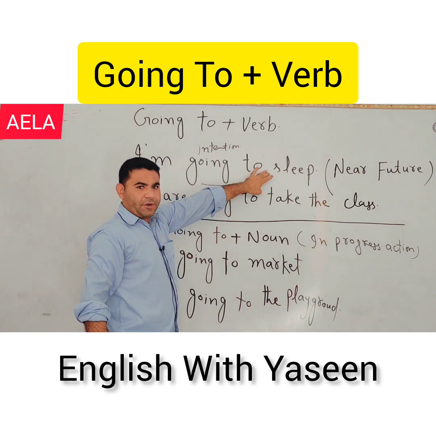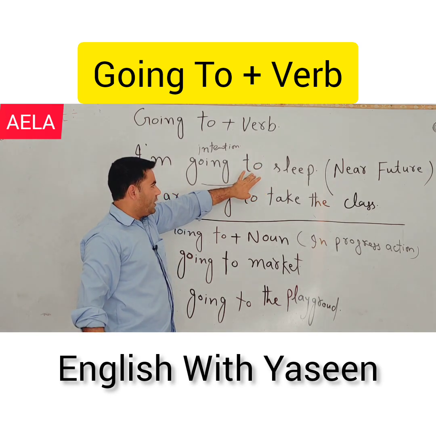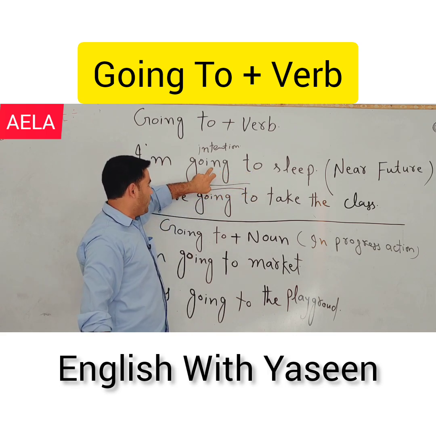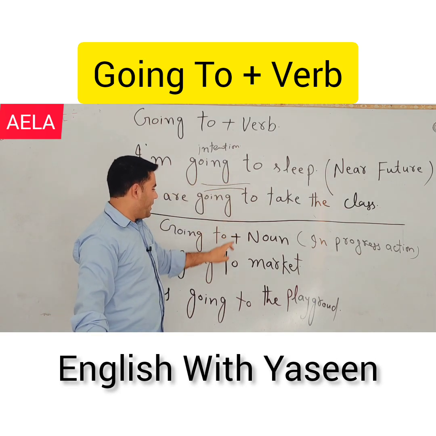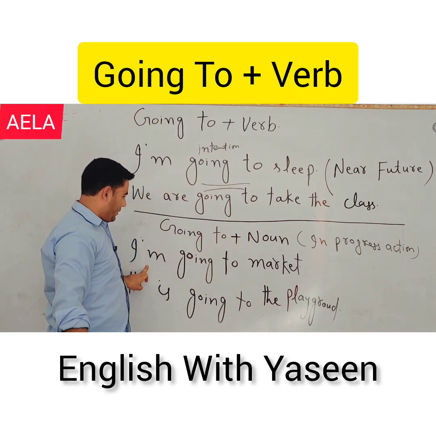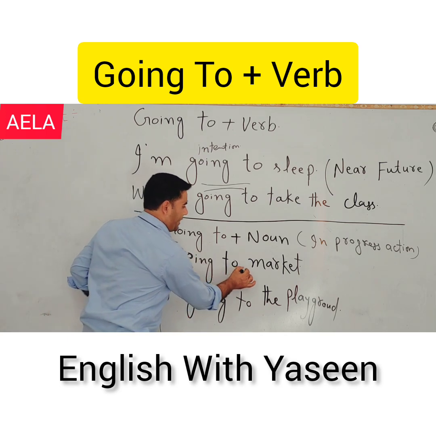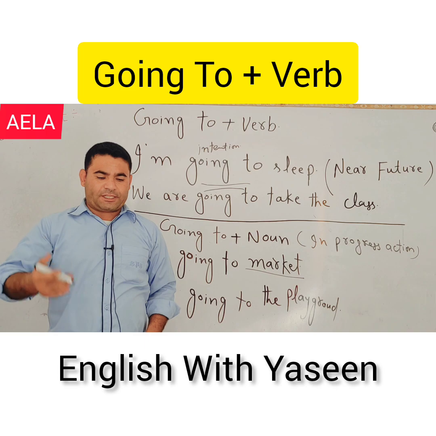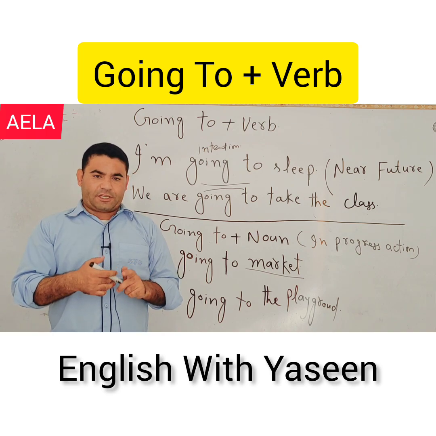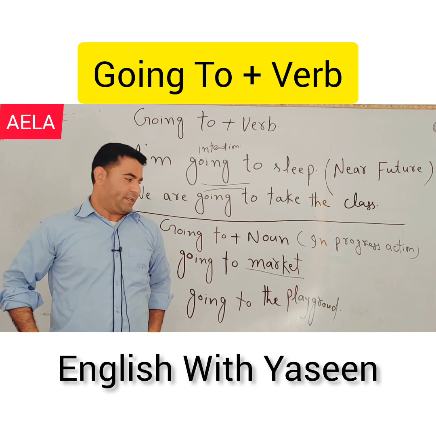So when verbs are used after going to, the sentence is future, and this going to is not an in progress action. But when we use a noun, for example, I'm going to market, so market is a noun. So then it is the typical continuous tense, okay? Like present continuous tense or present progressive tense.